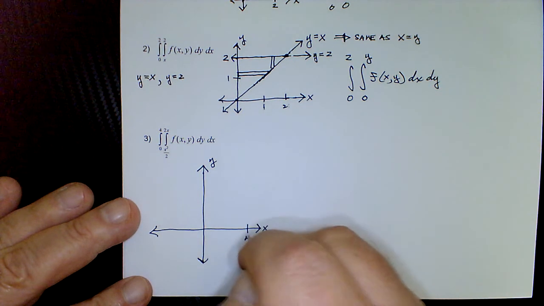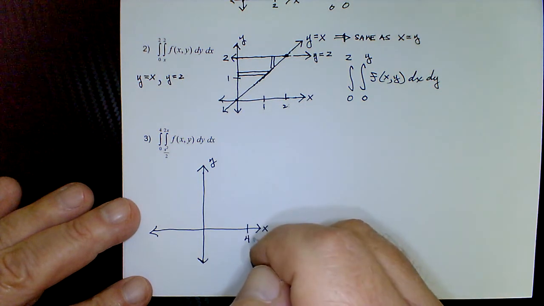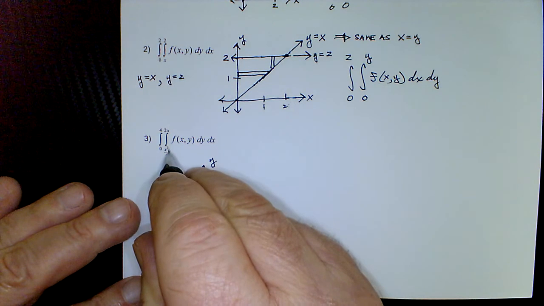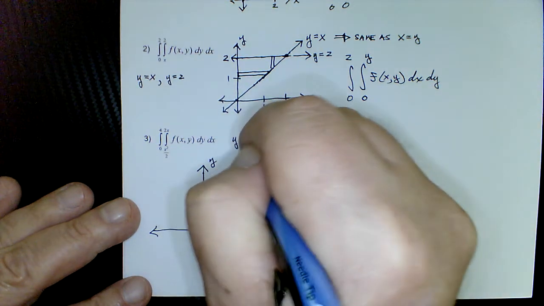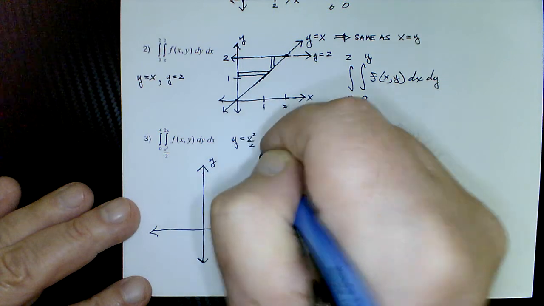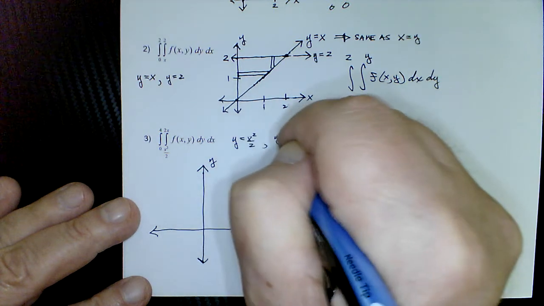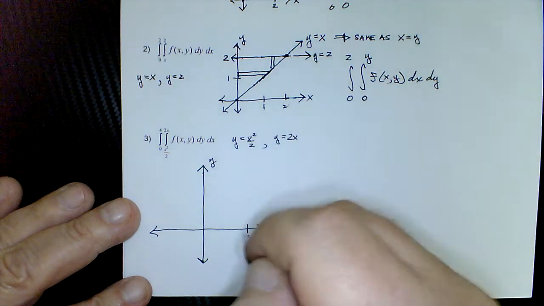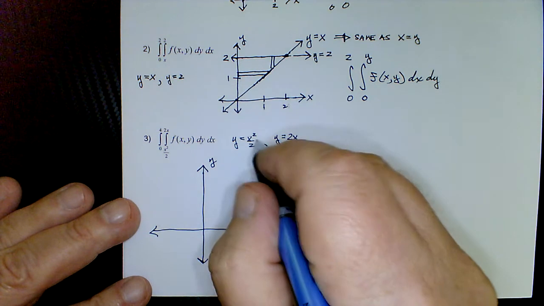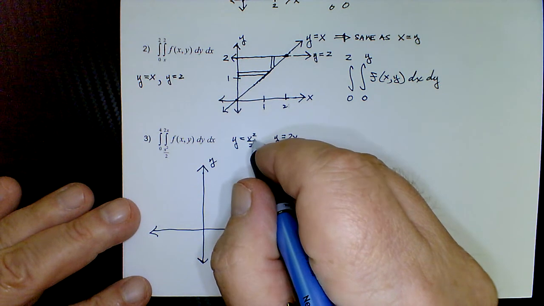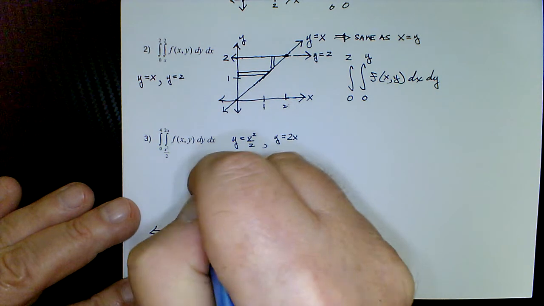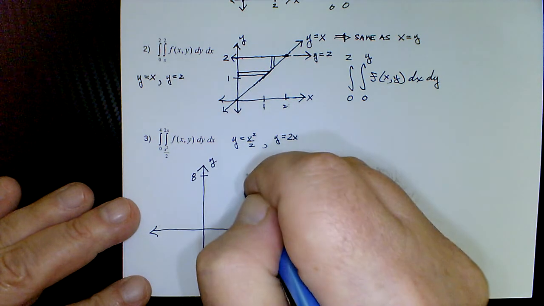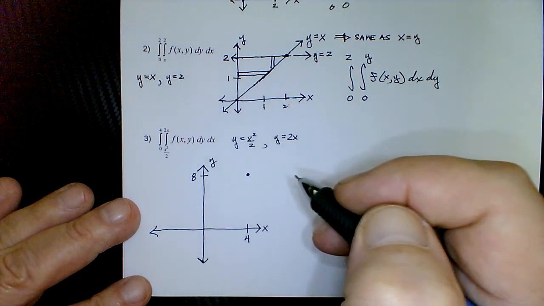Let me call this 4. In terms of the parabola, we're dealing with y equals x squared over 2, and we're dealing with y equals 2x. So, if y is x squared over 2, put in a 4, we get 16 over 2, or 8. So let me call this 8.